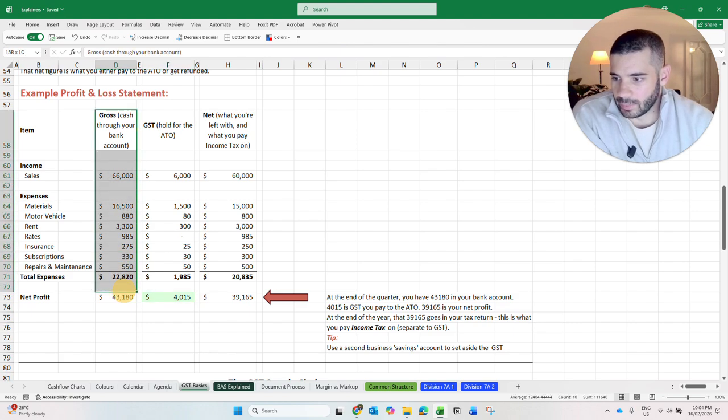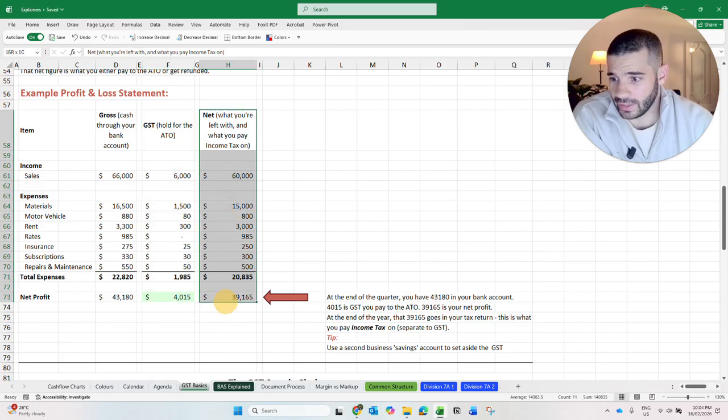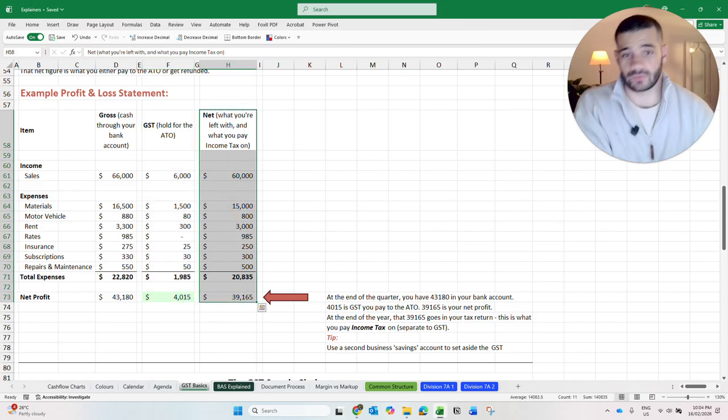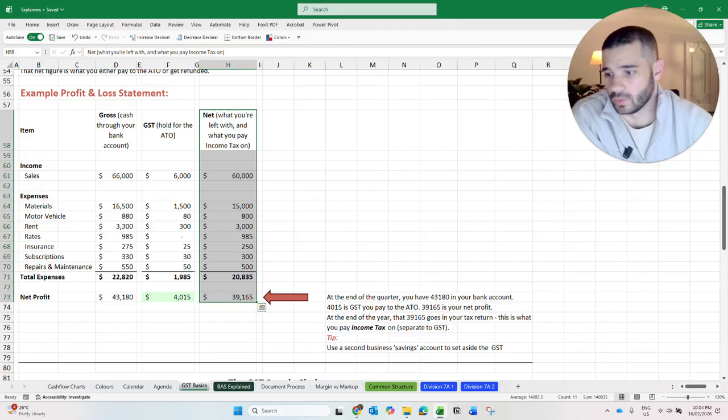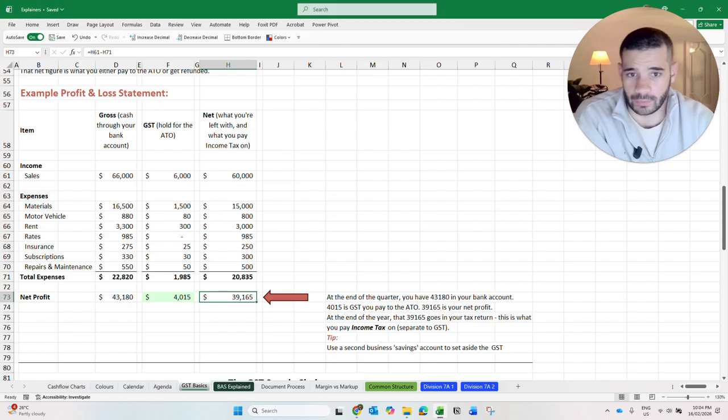And so remember, that's what hit the bank account. This is what we are holding on behalf of the tax office, and our net amount, that's what we're left with at the end of the day. Okay, so we've paid the BAS, that's what's in our bank account. And here's the important thing, this number here is what goes into our tax return at the end of the year, and that's what we pay income tax on.